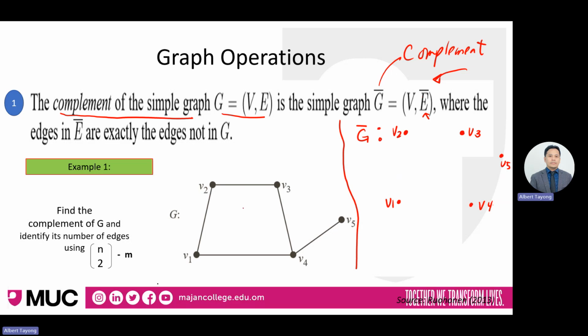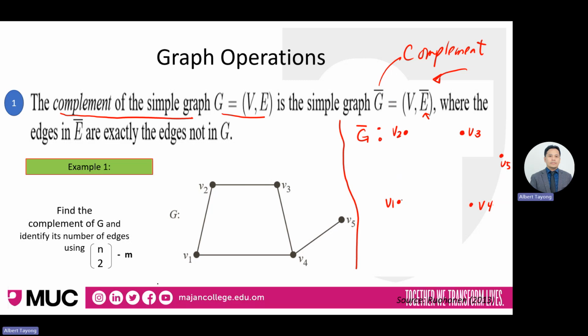So let's look at V1. You can see V1 is adjacent to V2 and V4. The opposite of this is V3 and V5, because there is no direct connection from V1 to V3 and from V1 to V5.